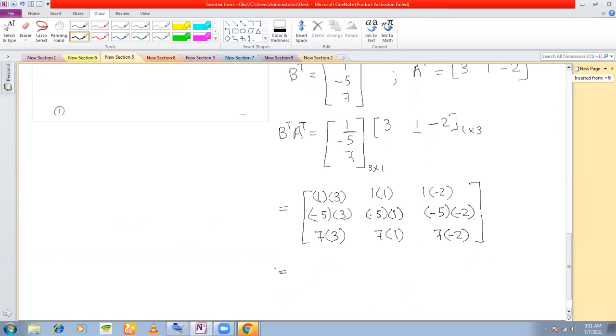So B transpose A transpose you are getting here as 3, 1, minus 2. Is this a 2 here?